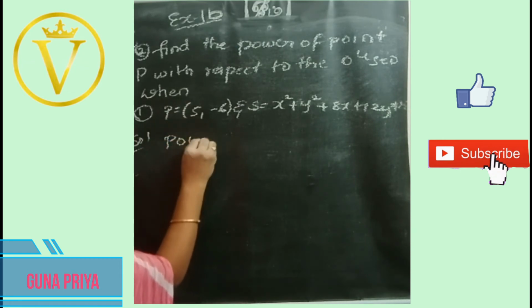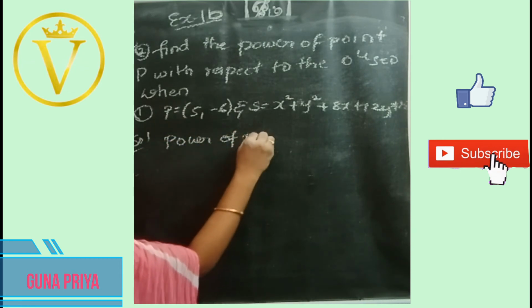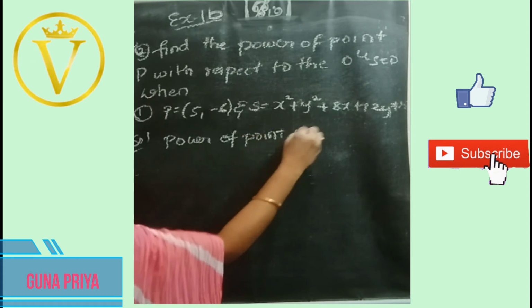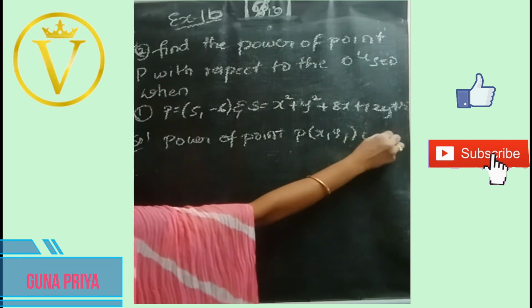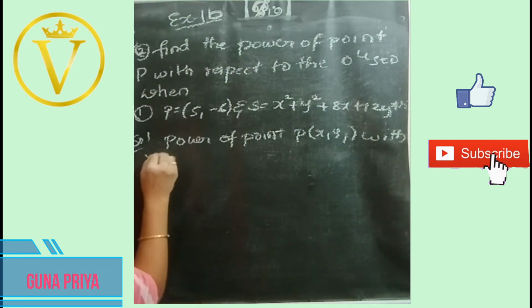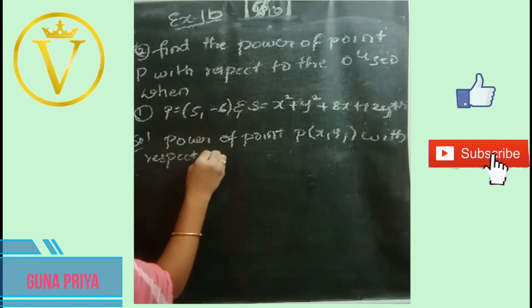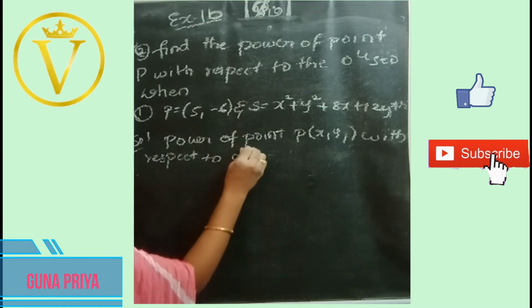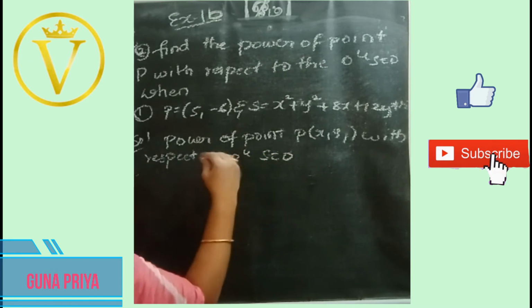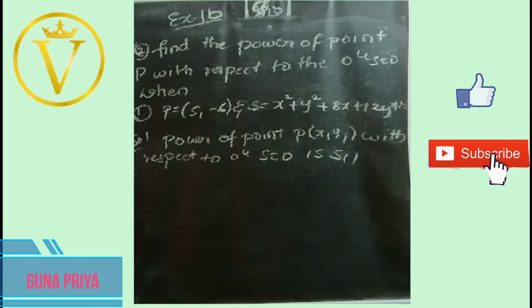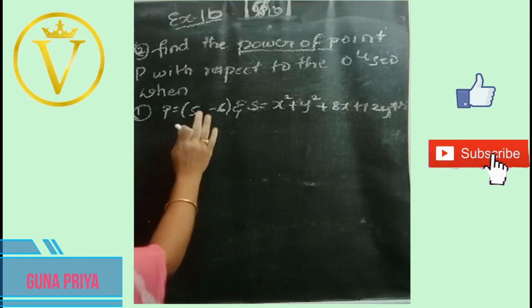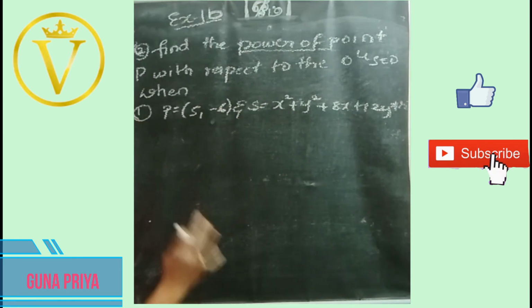The power of point P(x1, y1) with respect to circle S equals to 0 is S11. So we have to find out the S11 value. They have given the point and circle equation.